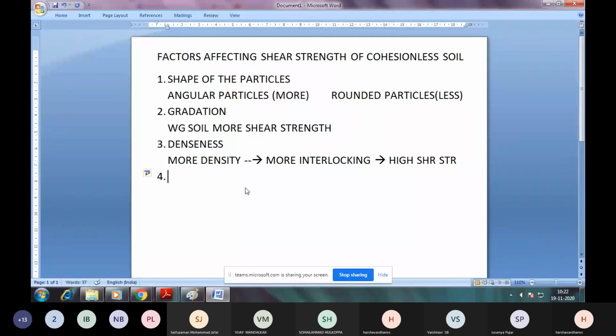The next factor affecting the cohesionless soil is confining pressure.